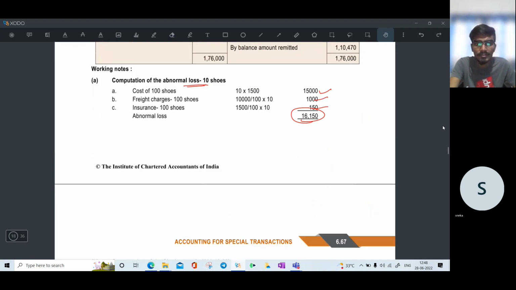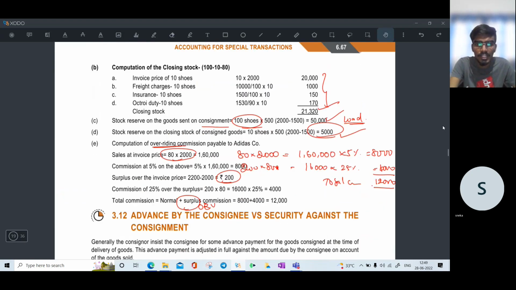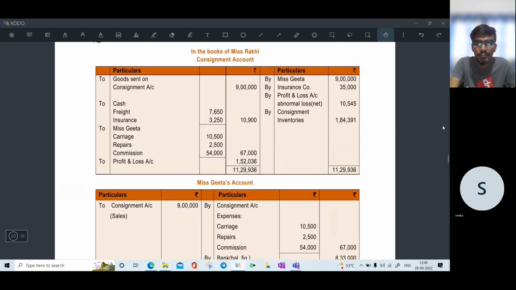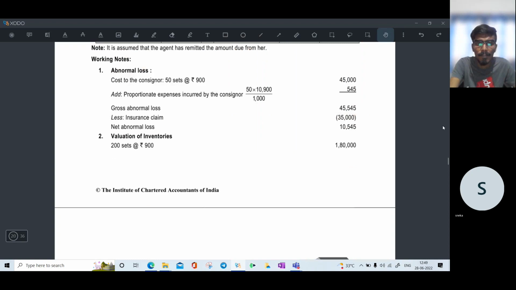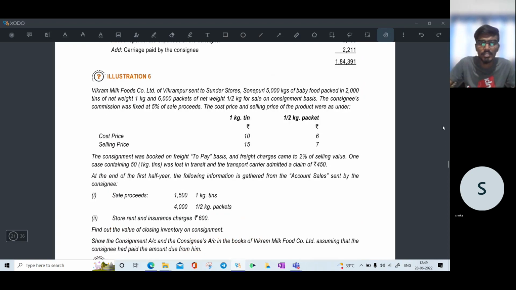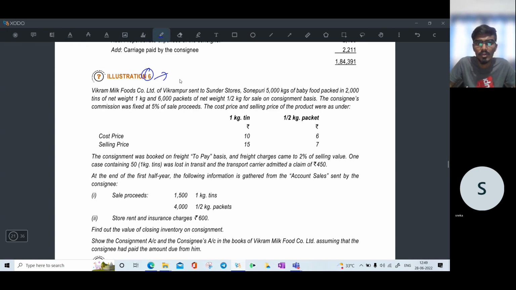Okay, then illustration 5 will be your homework. I will do illustration number 6 tomorrow. We will wrap the session for today and we will have a class tomorrow.